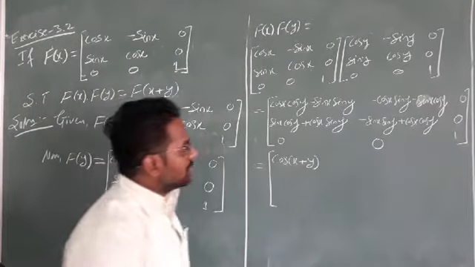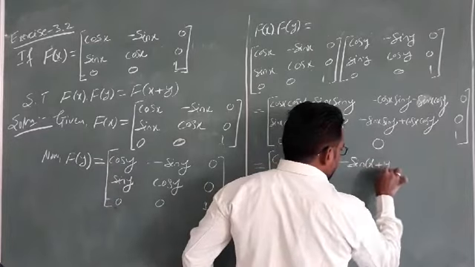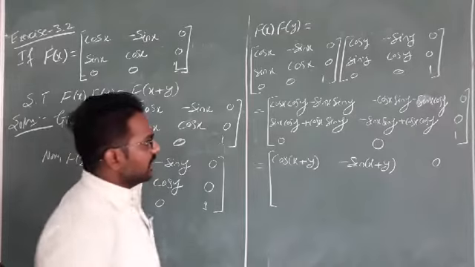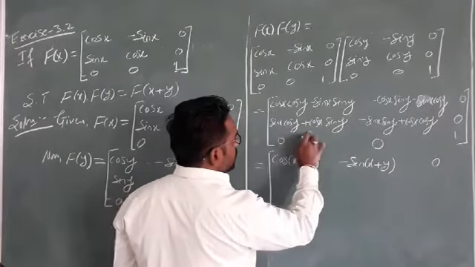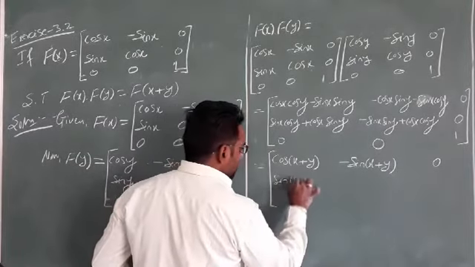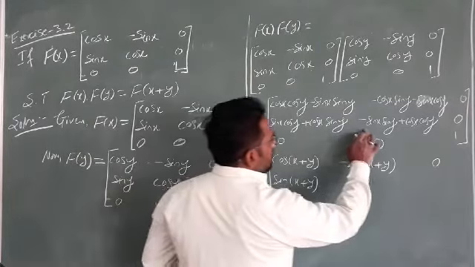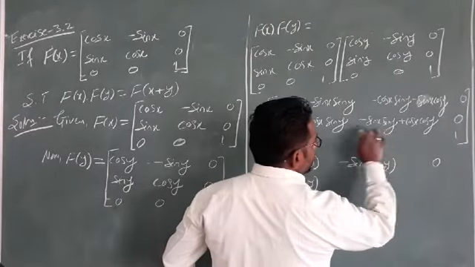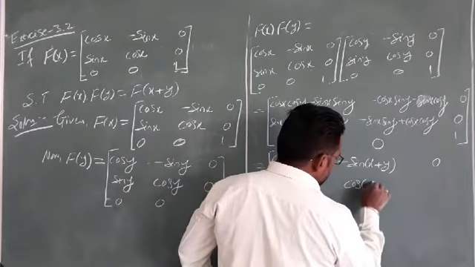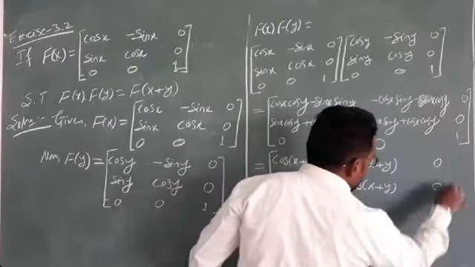Taking minus common, you get minus sin of x plus y. Again here, sin x cos y plus cos x sin y, so you get sin of x plus y. Next, cos x cos y minus sin x sin y, again cos of x plus y, then 0, 0, 1.